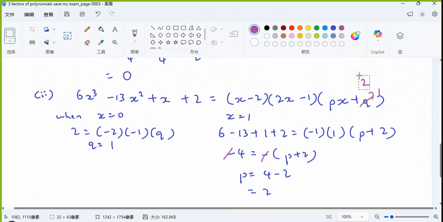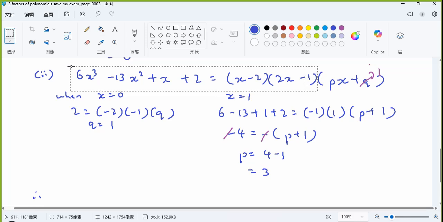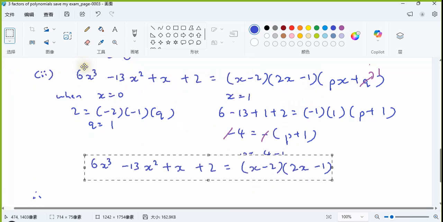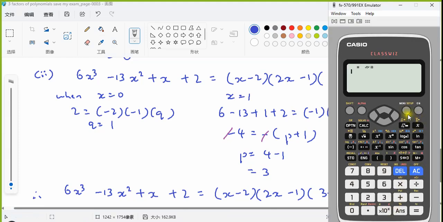Okay, so this is p plus 1, 4 minus 1, 3. Okay, so this one is equal to this and then multiplied with the 3x plus 1.